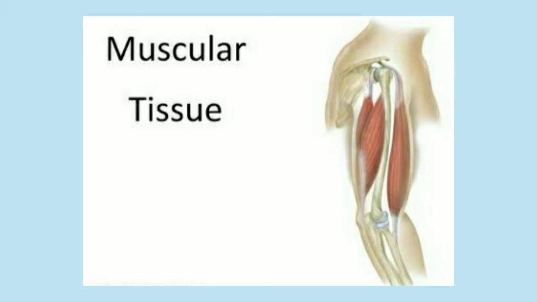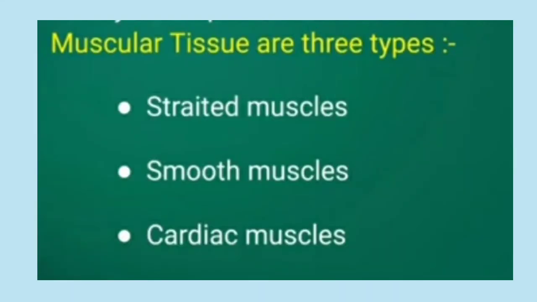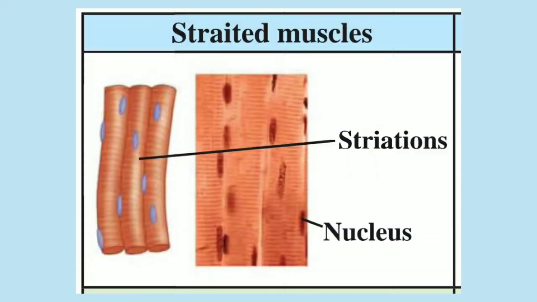They are capable of contraction and relaxation. Muscular tissues are divided into three types: striated muscles, non-striated muscles, and cardiac muscles. Let's begin with striated muscles.